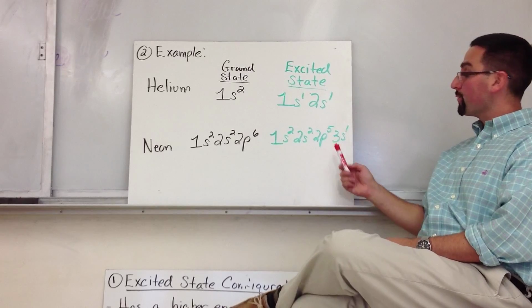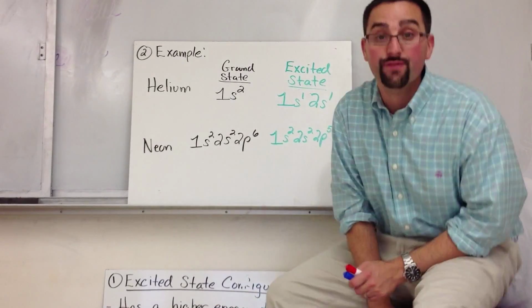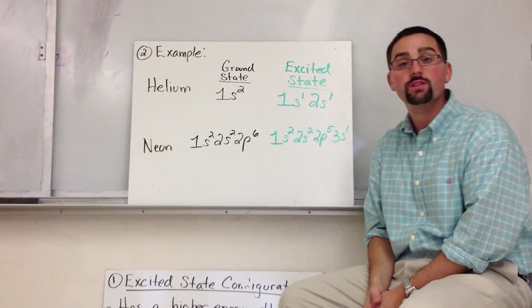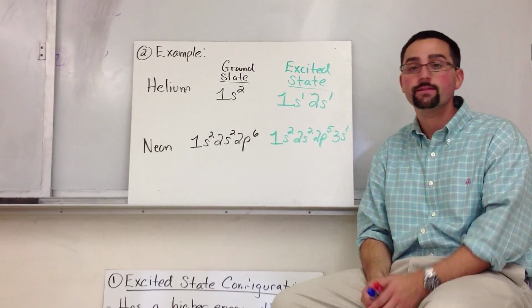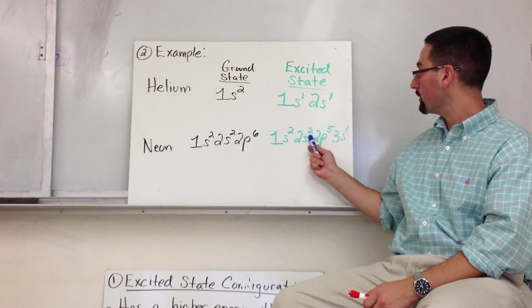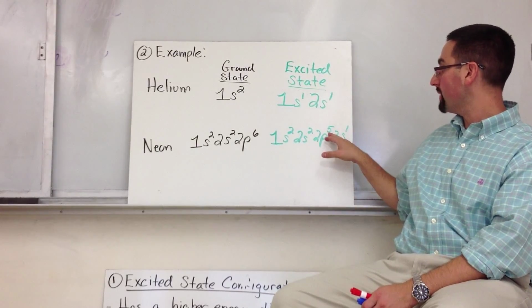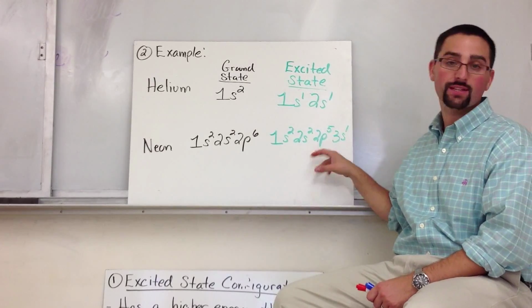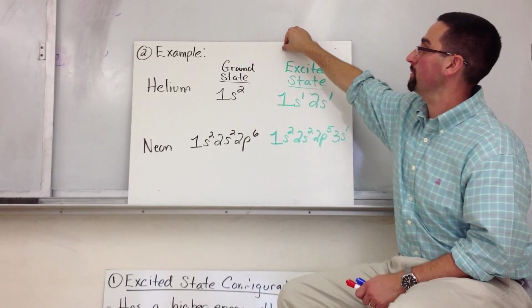So we would get 3s1 as its final electron configuration. So in other words, folks, if you're looking for excited states, you're looking for electrons that have not fully filled previous subshells and jumped to a higher level.